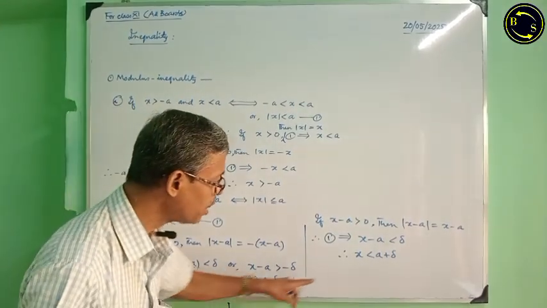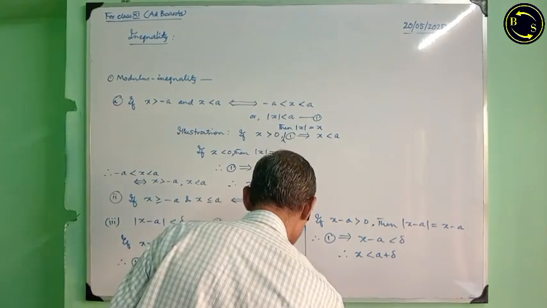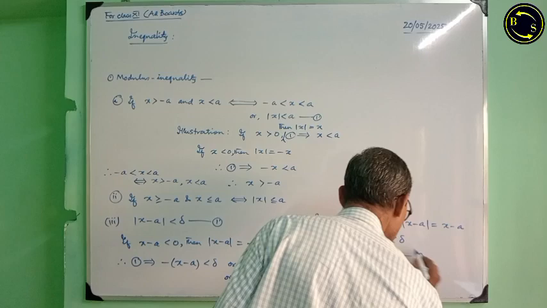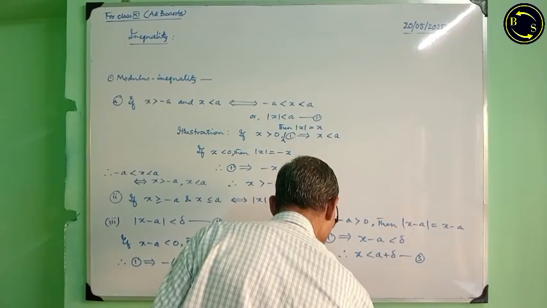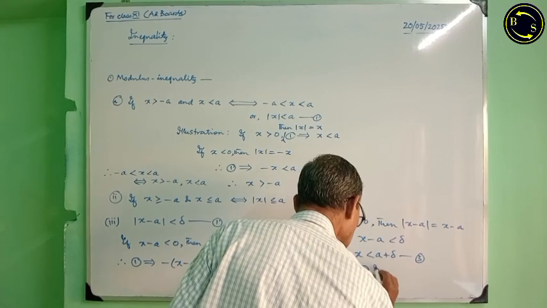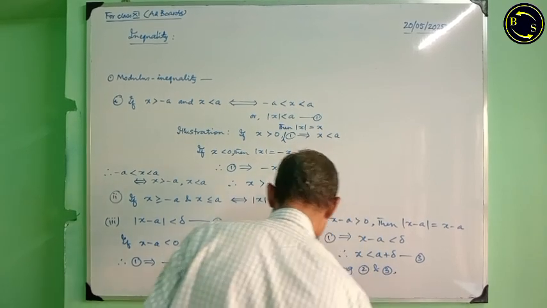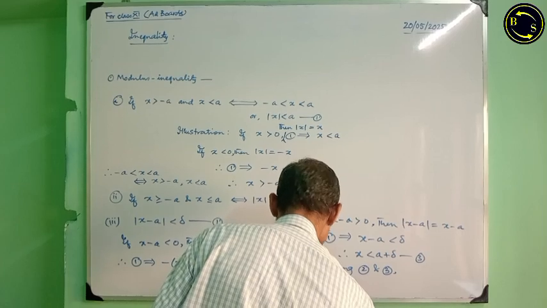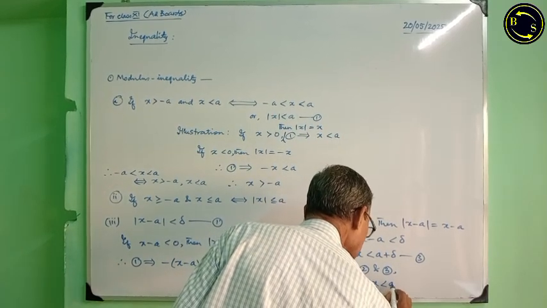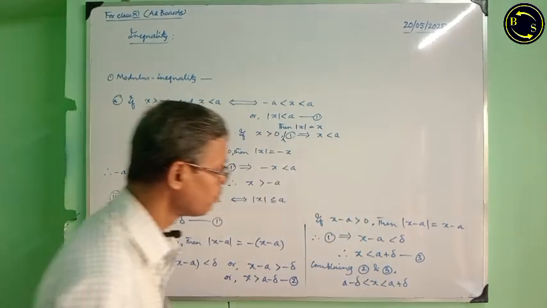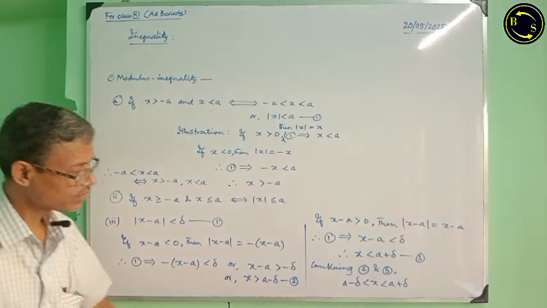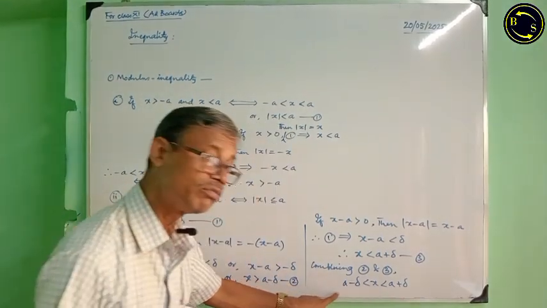Now, if we combine these two, if I call this 2, this 3, combining 2 and 3, a minus delta less than x less than a plus delta. Thus, this is the inequality form or inequation.